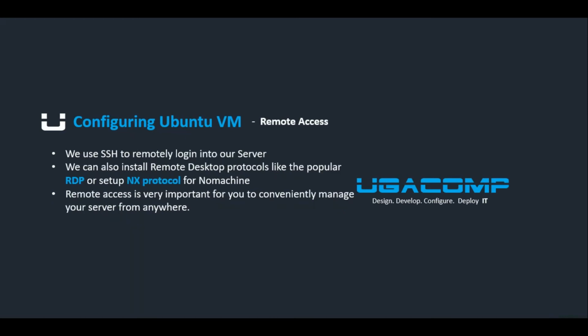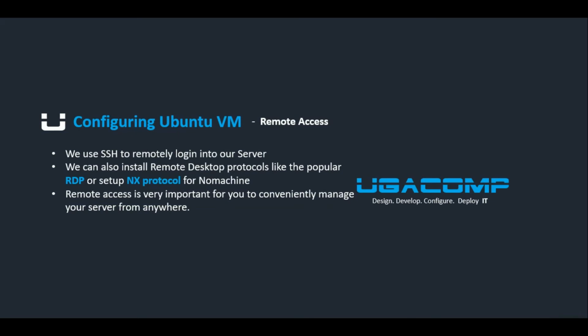Now, remote access is very important in the server. As you know, Azure is an infrastructure as a service, so it has different data centers that are spread all over the world. So whatever we access on Azure is somewhere in the data center.